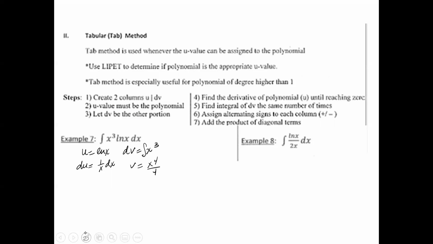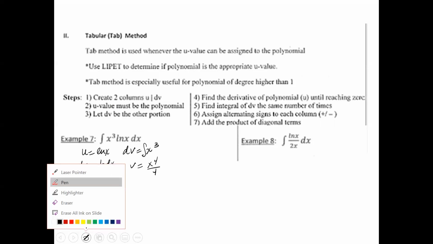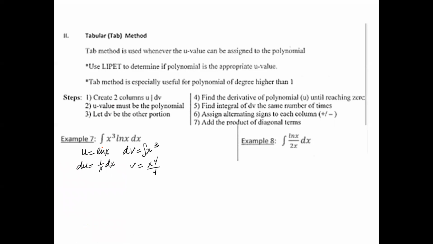All right, so then I'm going to go ahead and plug this in. So the first thing I have is going to be u times v. So then I have ln x times x to the fourth over 4, minus the integral of v times du. So that's x to the fourth over 4 times 1 over x dx.